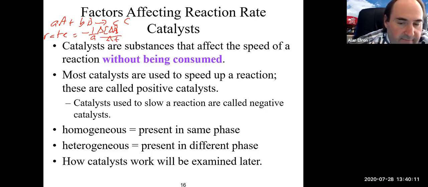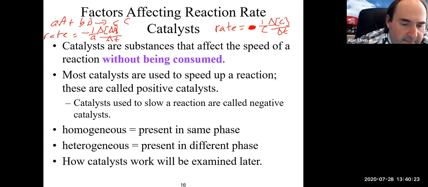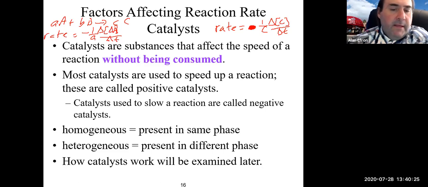And we can also write one for our products. For example, the rate would equal 1 over c, change in concentration of C over the change in time, except our products would not be negative. It would be a positive rate change there.